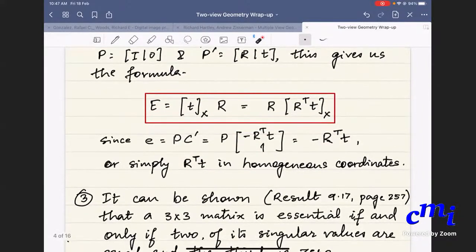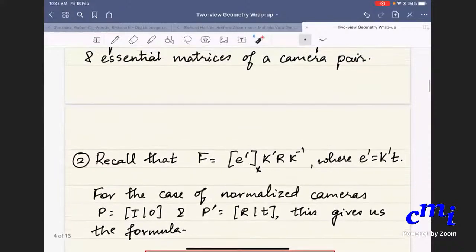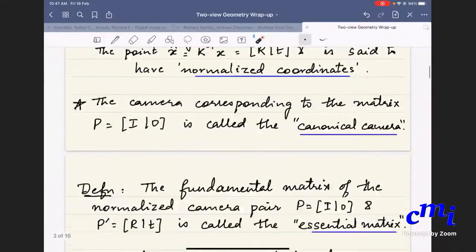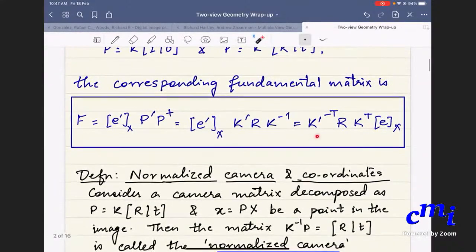The only question here is, why is this R transpose T? So if you look at the formula here, it is clear where R is coming from, and either you can look at the commutation relation, or you can look at this formula and see that this is E.